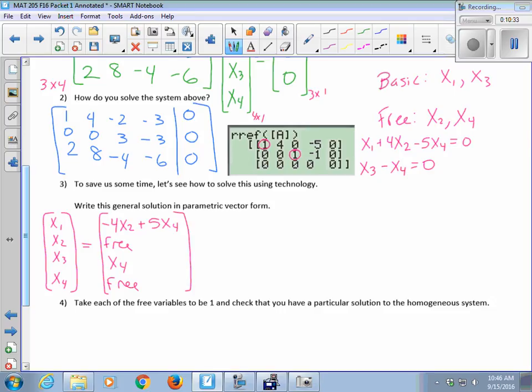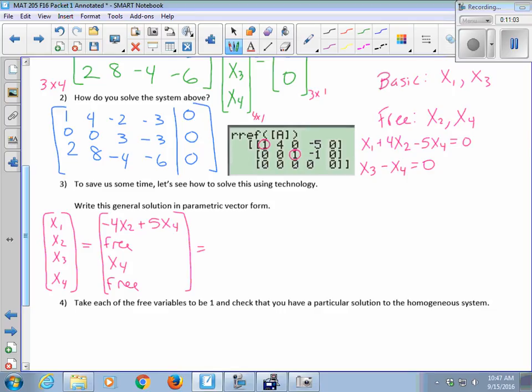So this is what we've done before. Just identify the free variables, solve for the basic variables in terms of the free. Now I'm going to translate this to what we call parametric vector form. The reason that we call it parametric is because we're going to use the free variables as parameters. So we're going to factor out the free variables, and then we're going to leave a vector of coefficients.